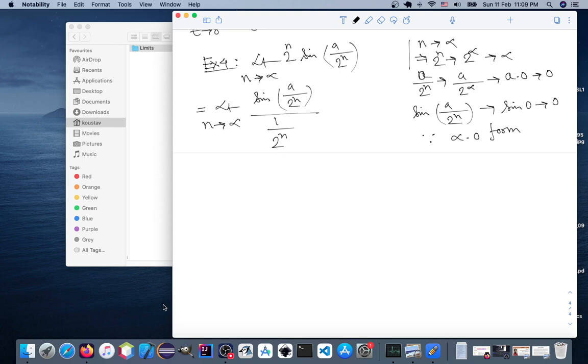So we must have a similar thing in the denominator. We can rewrite this as the limit n tends to infinity sine a by 2 to the power n divided by, we have to bring the same thing over here, 2 to the power n, and we already have 1 by 2 to the power n, so we need to adjust the a.